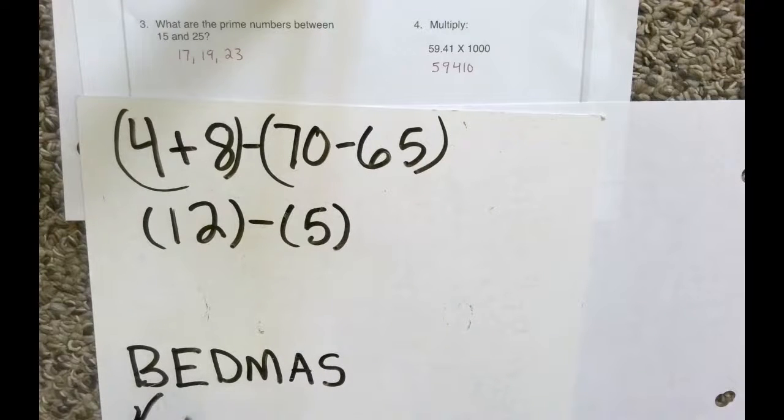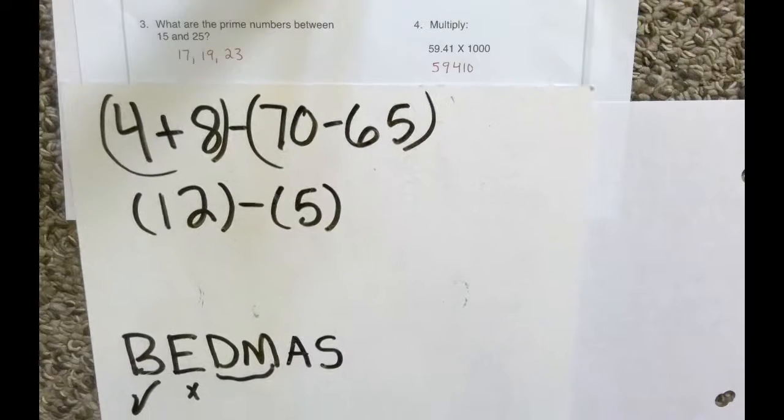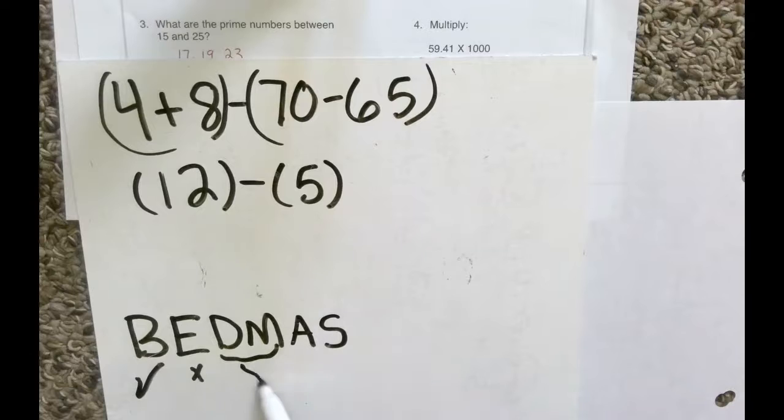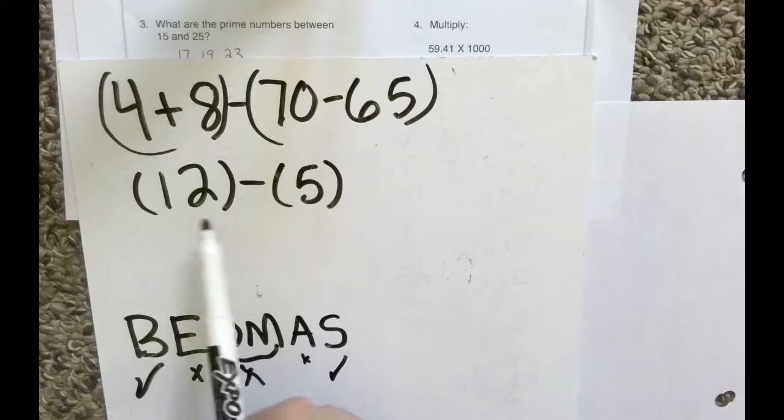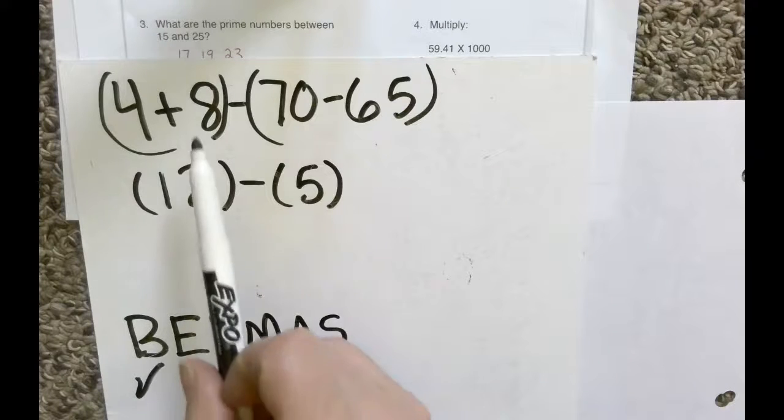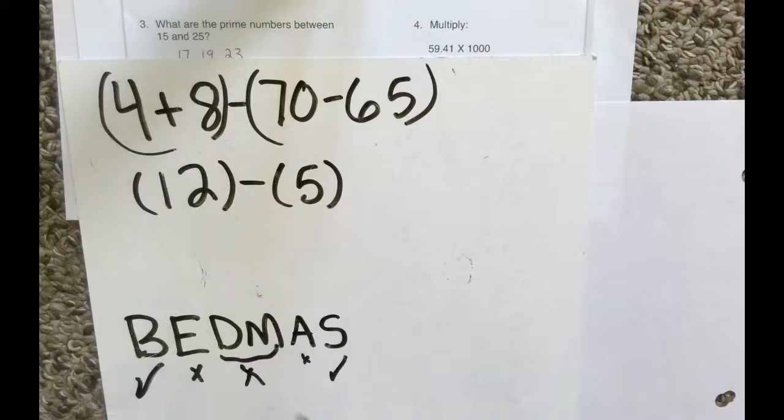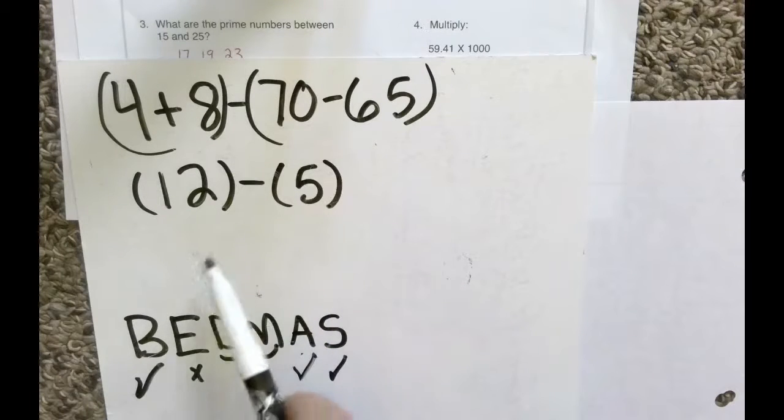So we did our brackets, no exponents, any division, multiplication, no. Any addition, subtraction, no addition, but yes, we have subtraction. Well, we already did our addition, pardon me, 4 plus 8, so we did do that one, my error. And then we did our subtracting here.